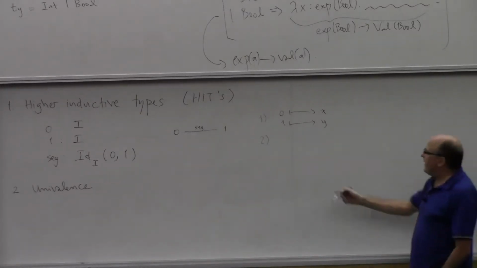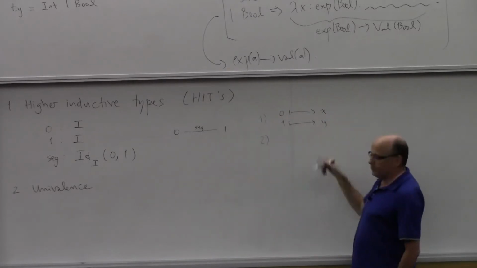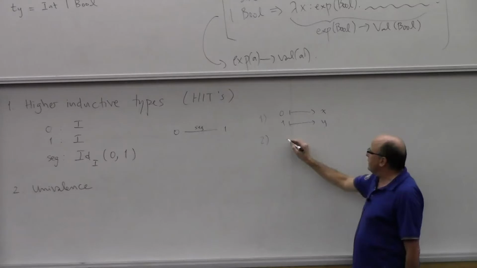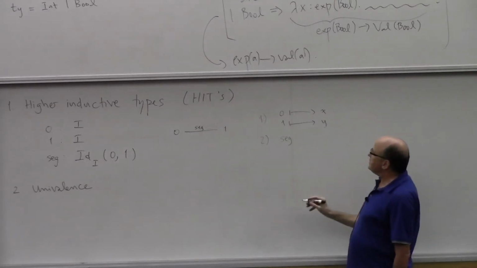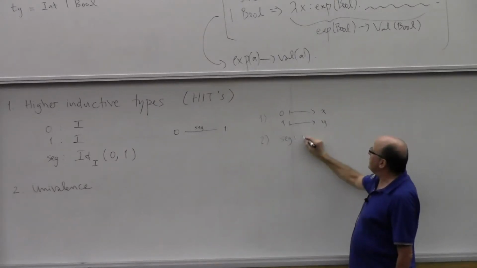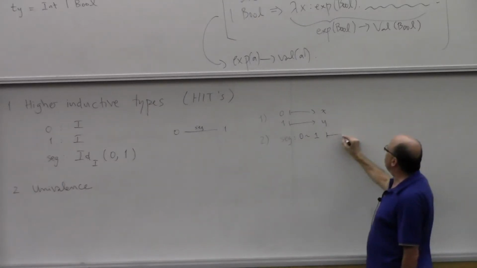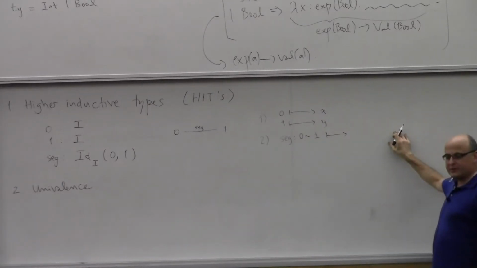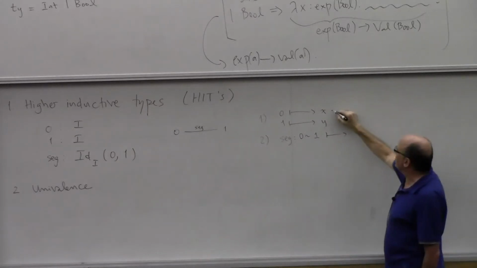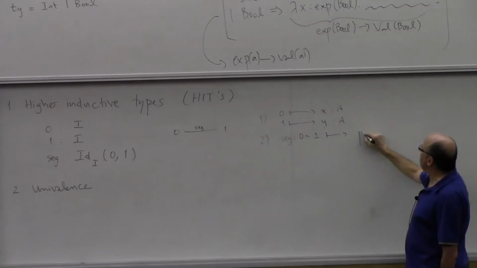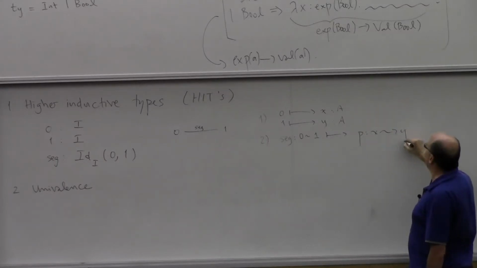And the way you compute with that is you say, well, here's what you do with 0 and here's what you do with 1, and that's your map. Well, now in addition, I want to do something else. I want to send something, the segment, which witnesses that 0 is equal to 1, let me write twiddle, and I want to send that to a path in the space, in the target space. So these are going to be in some type A. So what I want to do is I want to send that to a path between x and y in A.